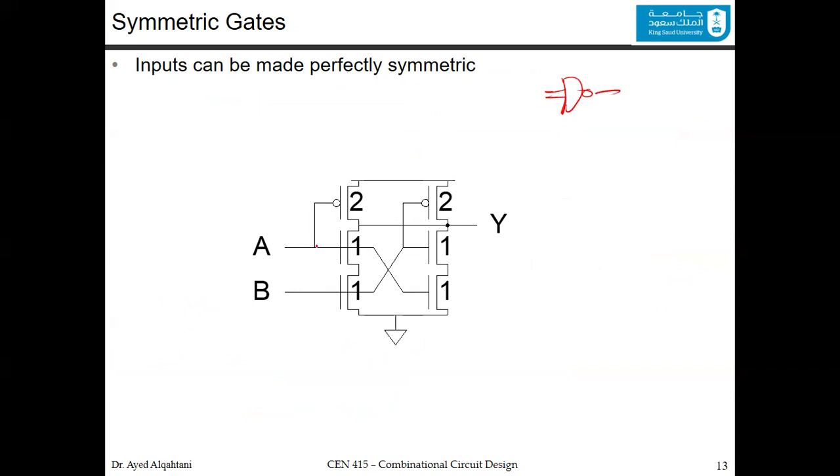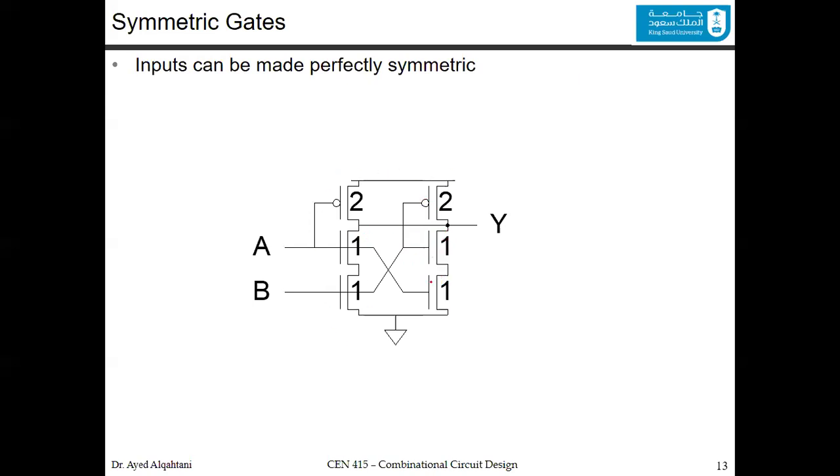How? Now, you can say that, especially for the inputs, should you do A and then B or B and then A? Which one to favor? So to make them symmetric, you add 2 more transistors here. If you cross these, you'll end up with a simple NAND circuit.